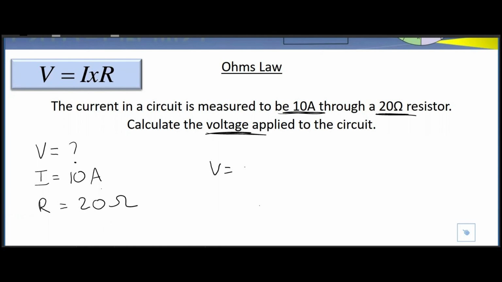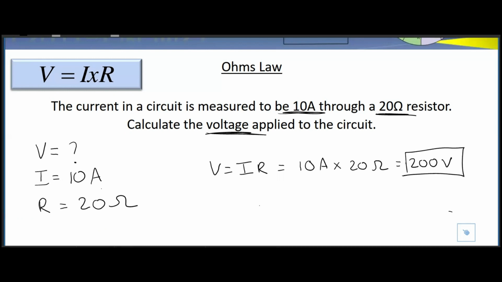So V equals I times R, which equals your 10 amps times your resistance, which is 20 ohms. And so that equals 200 volts. Pretty straightforward.